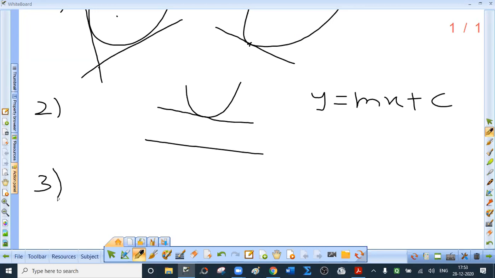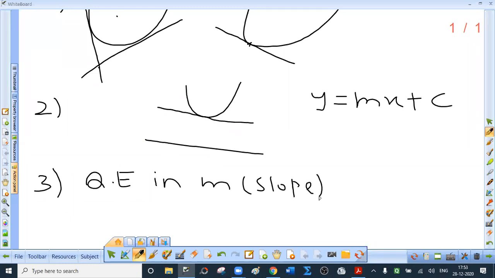For that, clearly, we have to obtain a quadratic equation in m where m is slope.